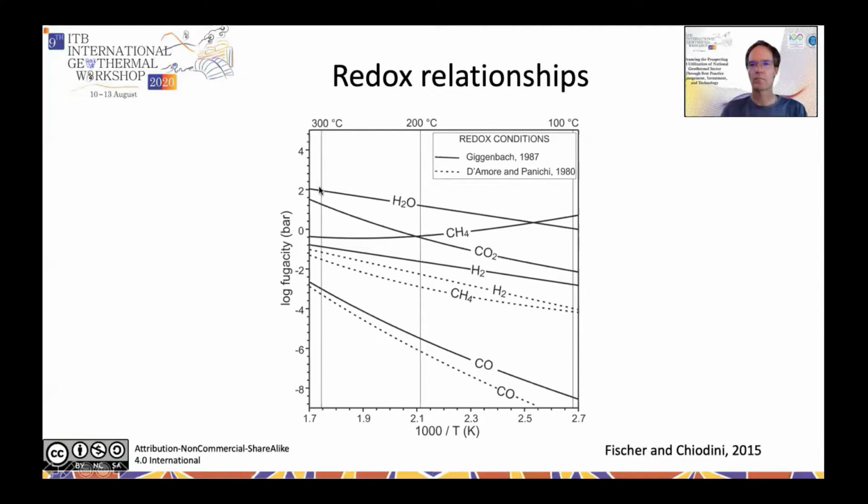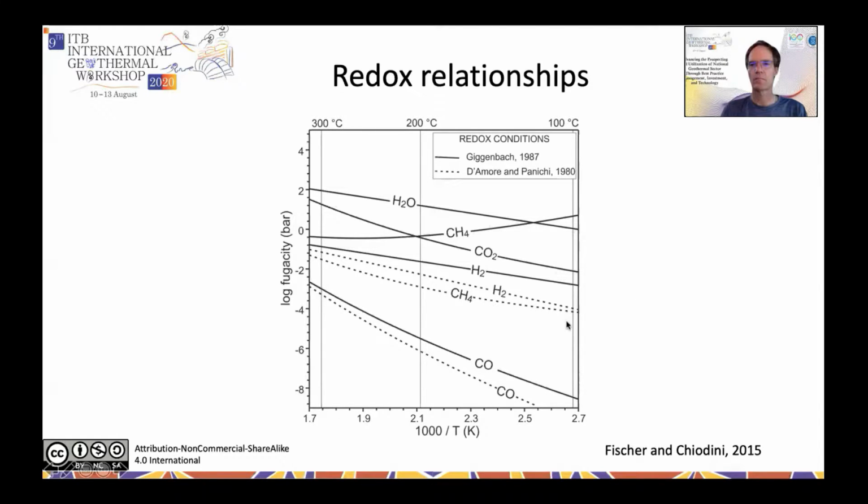We see, for example, that the fugacity of water decreases as the temperature decreases, fugacity of CO2 decreases as the temperature decreases, fugacity of methane goes up, and hydrogen goes down. CO, for example, has a very low fugacity, and it also decreases with decreasing temperature.